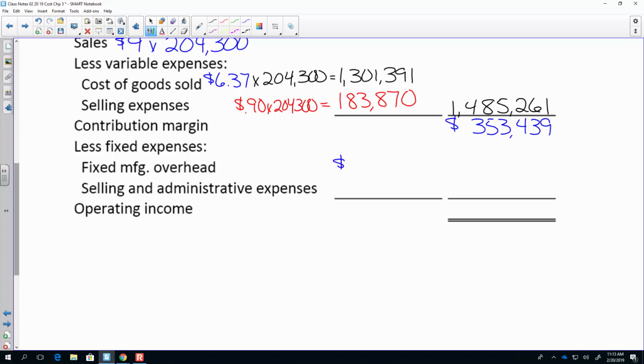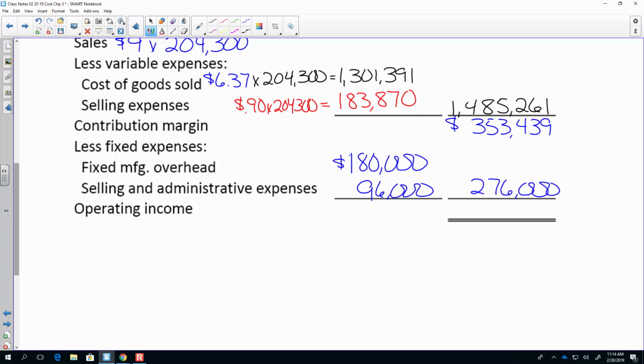We need the 96, right? What number do I have for my manufacturing? 180? 180,000. It's the only time we actually use our production cost amount on any income statement. So we're at 276.